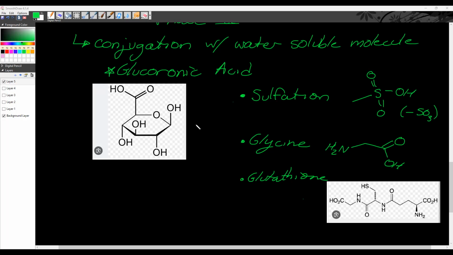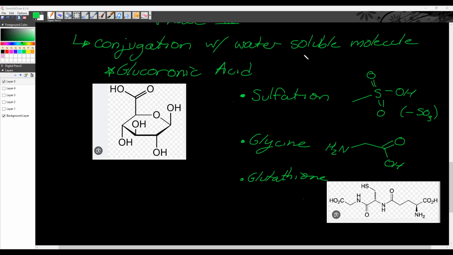You should be able to see any of these structures. Yes, all 4 of them. They all have an ability to make a drug very water soluble. So you stick one of these on a drug, it is going to dissolve in water much more easily. Glucuronic acid is the preferred molecule. And so more often than not, glucuronidation is going to be the one that's used.